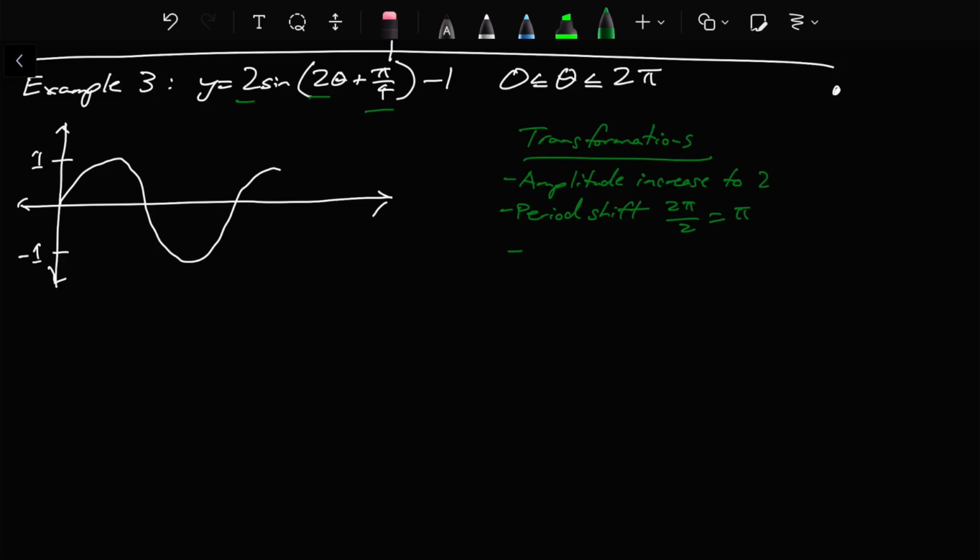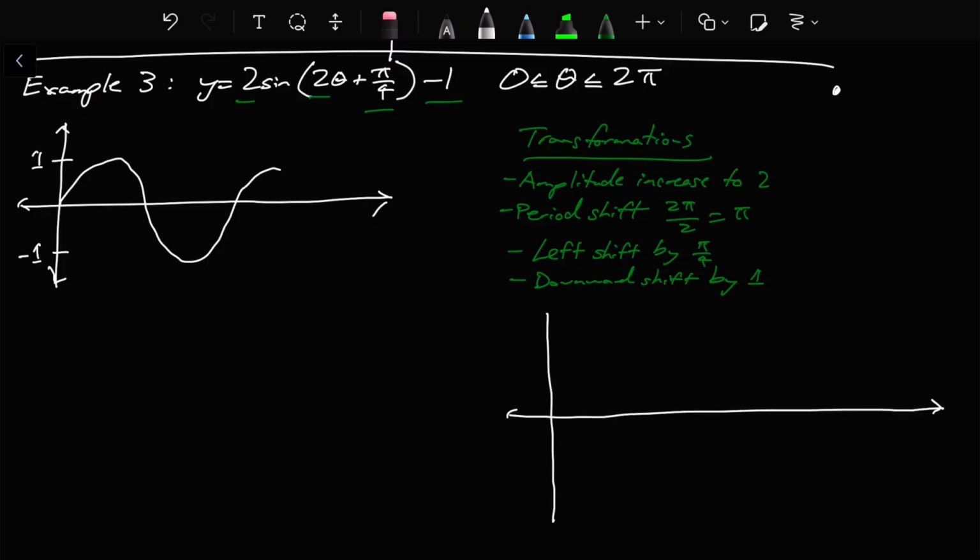There's a horizontal shift. Now, which way is this going? Well, that's positive, so it's going to go the other way. So it's going to go left shift by pi on 4. Then the last one is a downward shift by 1.